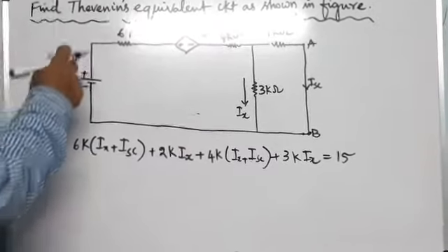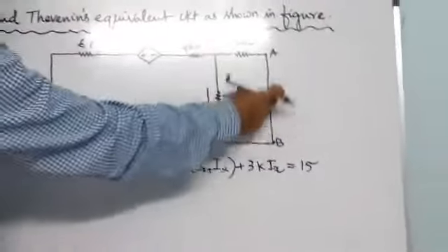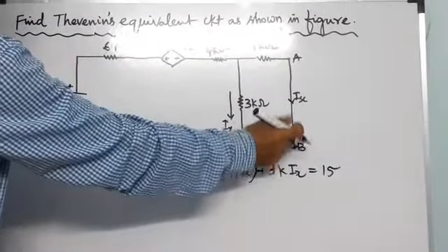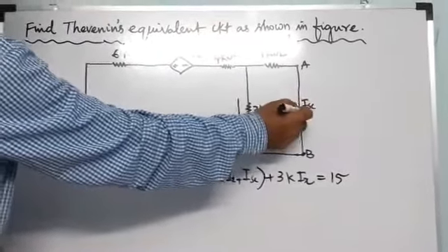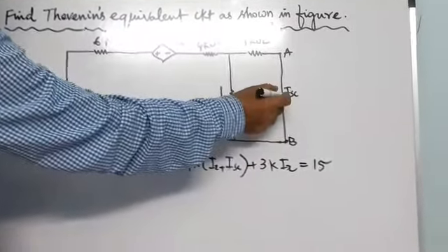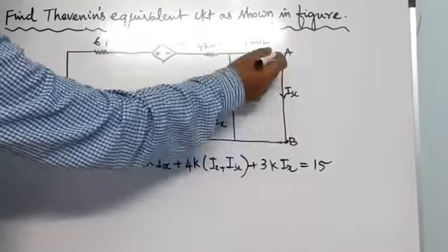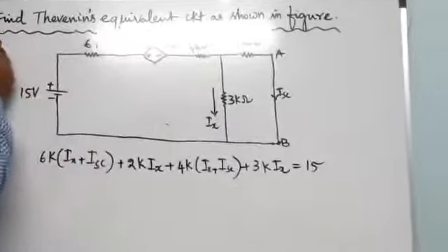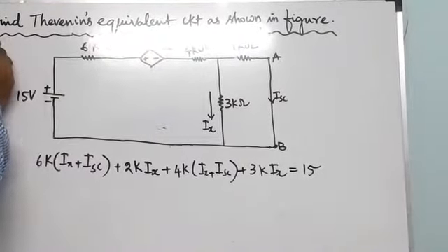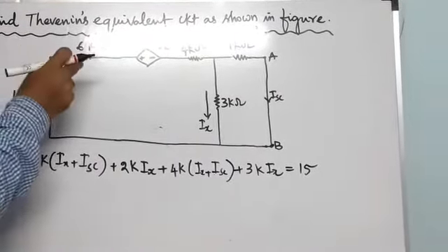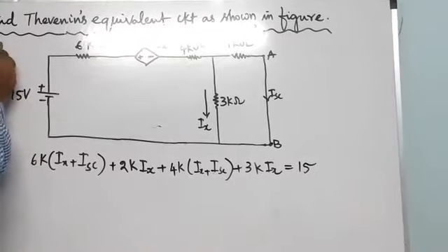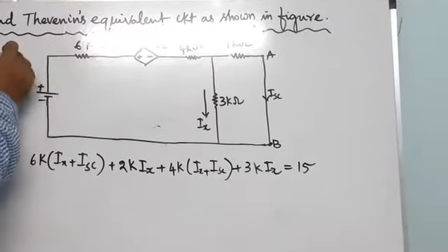Now in the equivalent circuit, I short the AB terminals; that is called ISC, the short circuit current flowing across AB. We got VTH, and now I want to find RTH, Thevenin's equivalent resistance.